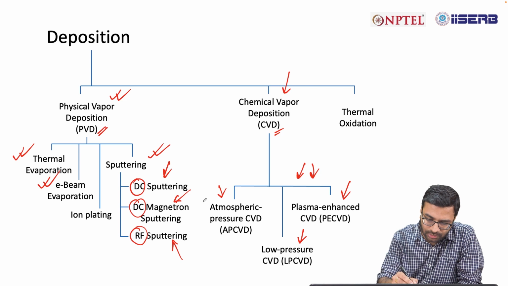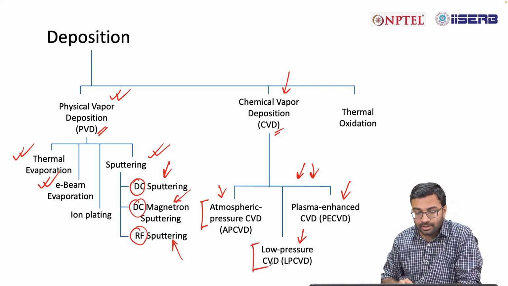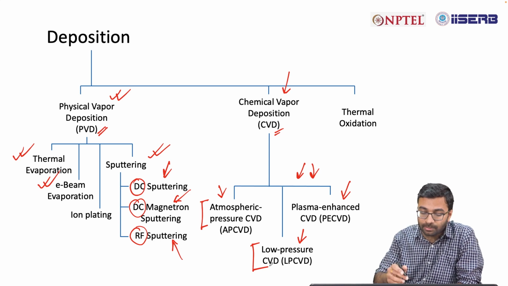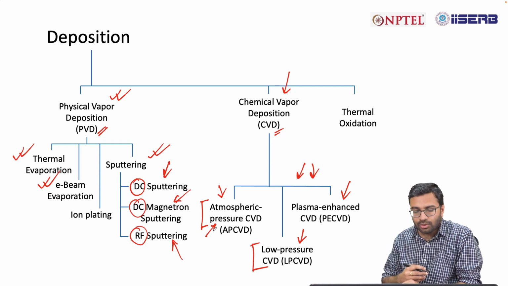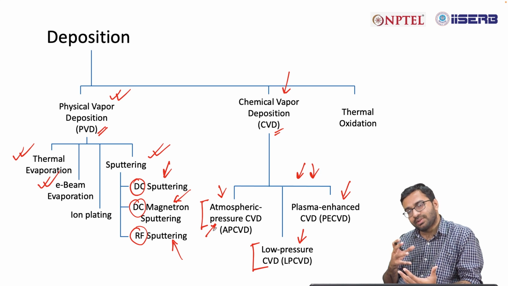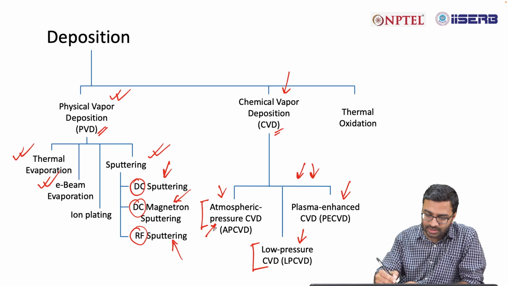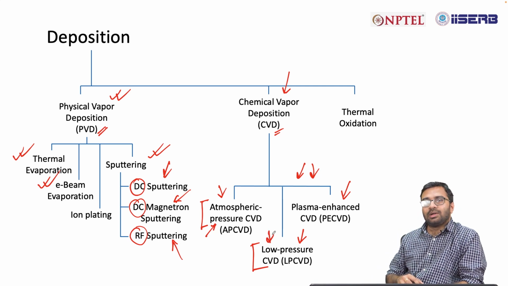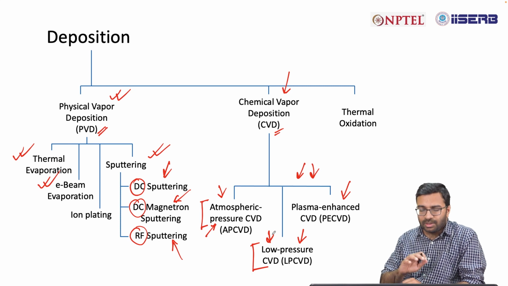Now from these two terms it is evident that they are related to the pressure associated with the process. Atmospheric pressure CVD will use a pressure similar to atmospheric pressure. In case of low pressure CVD, the pressure used inside the chamber will be considerably low.